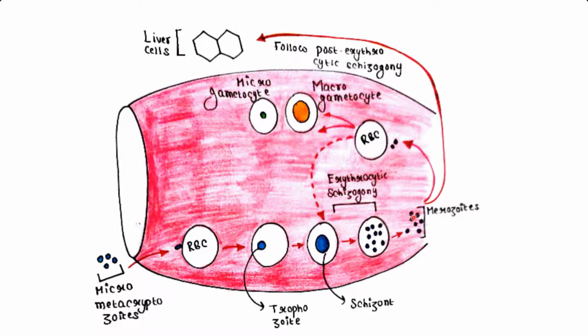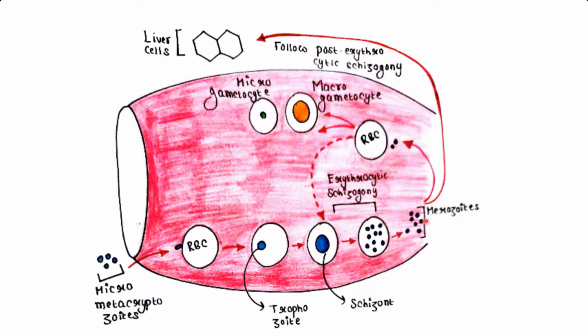This phase of asexual multiplication is called erythrocytic schizogony because it is performed in erythrocytes or RBC. Now, merozoites are free in the blood plasma and they enter new erythrocytes. Then they repeat the erythrocytic schizogony, again just to increase the cell number in the host.